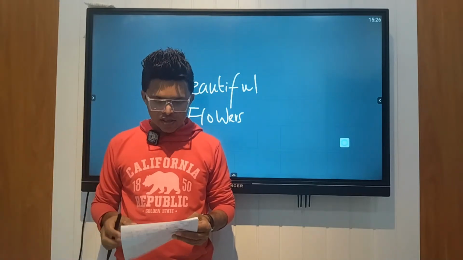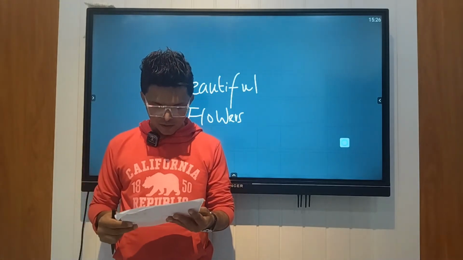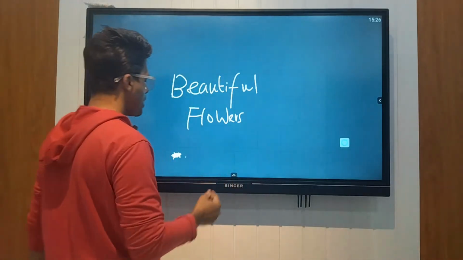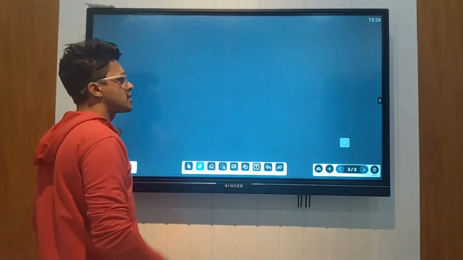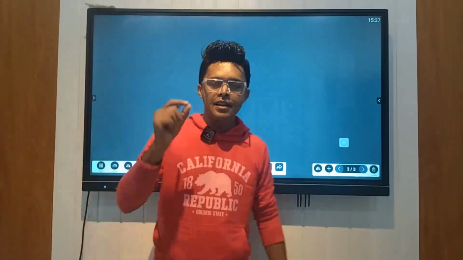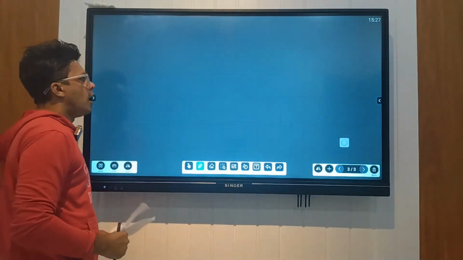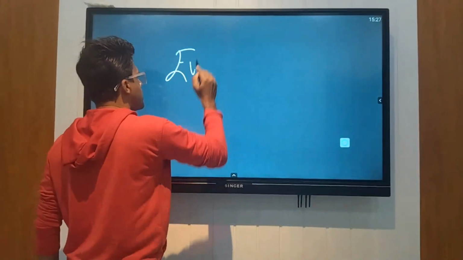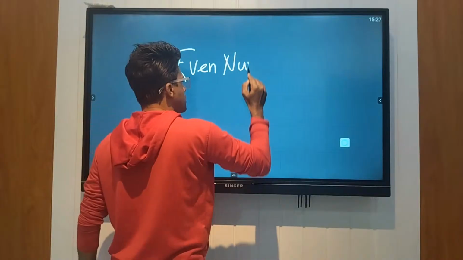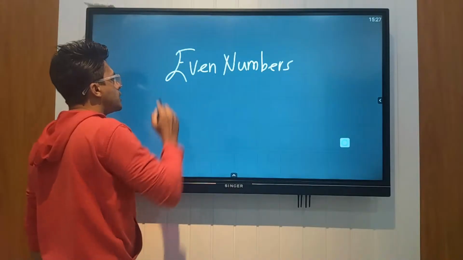These types of things are given in your textbook as well. Now we understood what a set is. Next, think of even numbers.